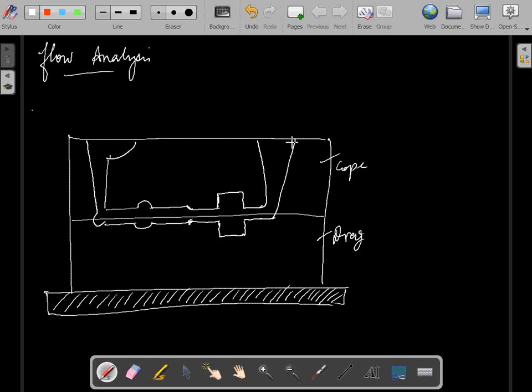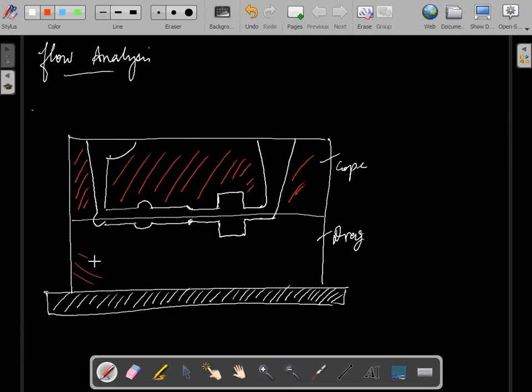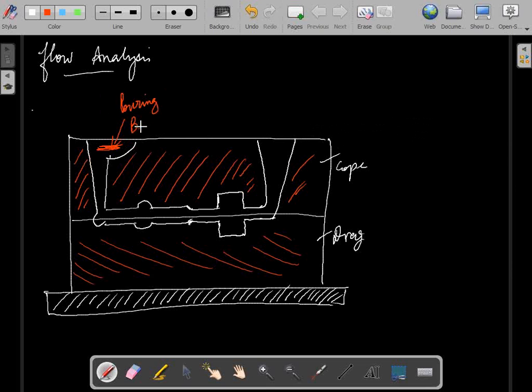Okay, now this is basic casting, the cross section. So this is the cope. Okay, this is the molding sand, the red part. Okay, now this portion, what do we call this? This is known as the pouring basin.